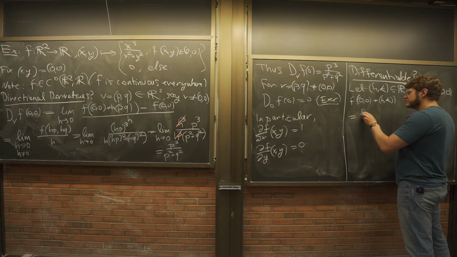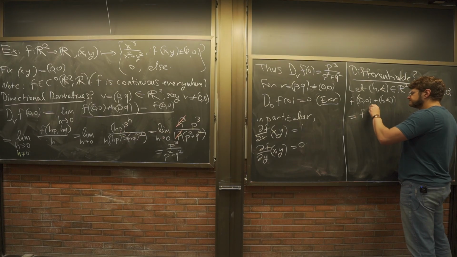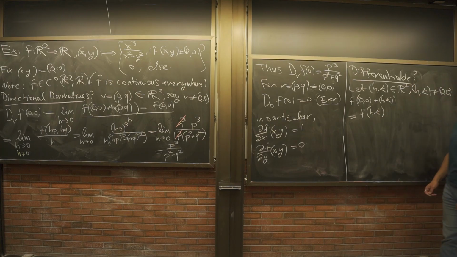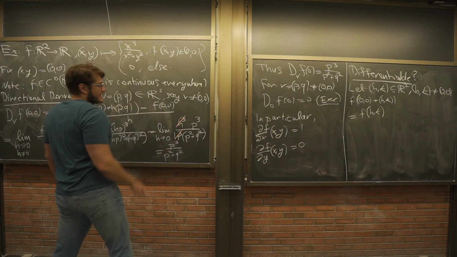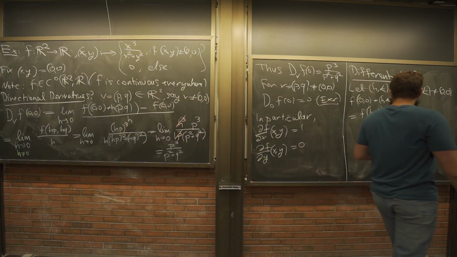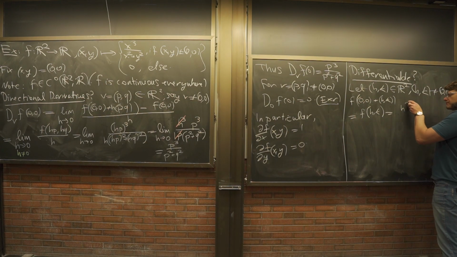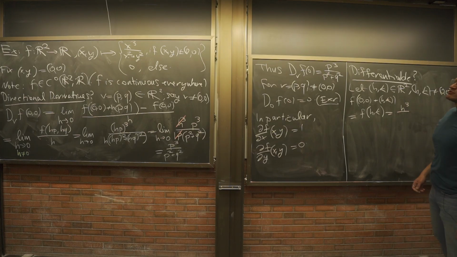Well, what is this? This is nothing but hk. And hk, I'm assuming, is not the 0, 0 vector, which means that I need to be using this formula again. h cubed divided by h squared plus k squared.